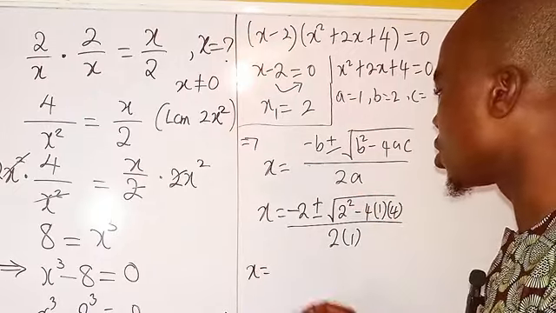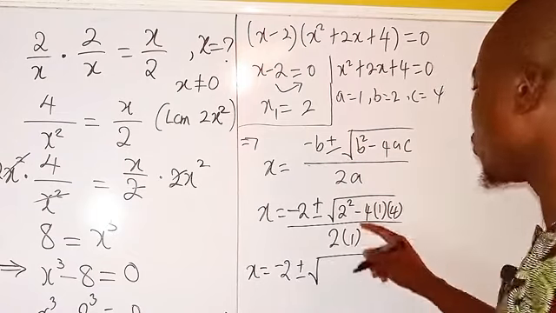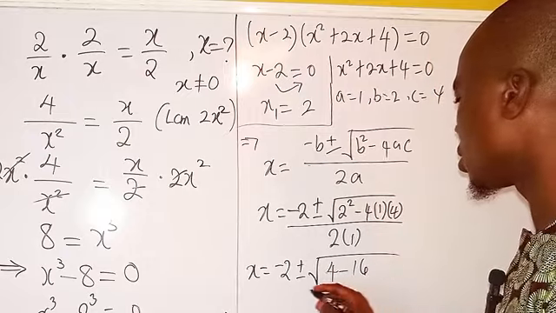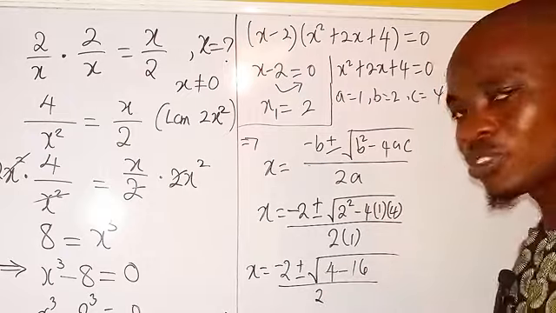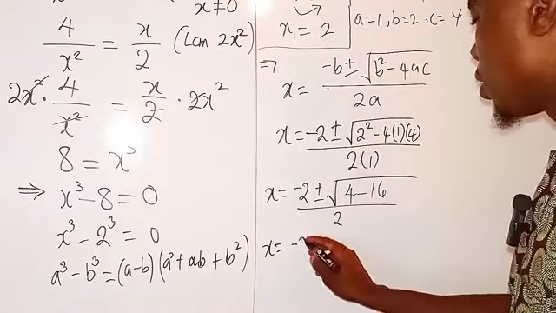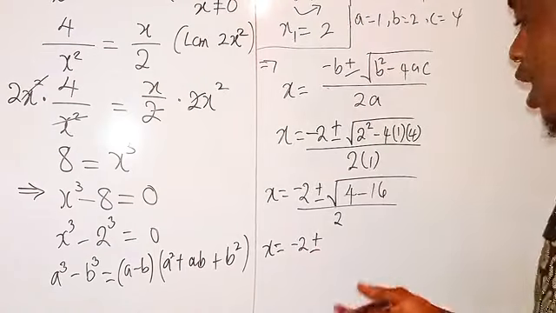So we have x equals minus 2 plus or minus the square root of 2 squared, which is 4, minus 4 times 4, that is 16, all over 2. Are you following? So we have x equals minus 2 plus or minus, so 4 minus 16, that will give us what?